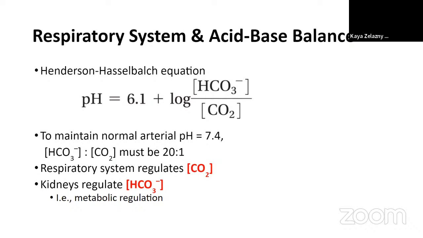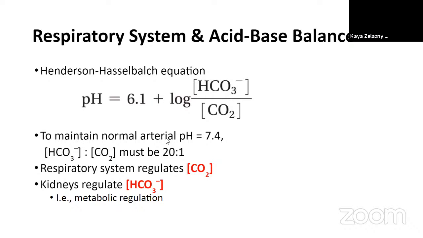The respiratory system is involved with gas exchange. If we want our normal arterial pH, which is somewhere around 7.4, the ratio we want to keep is 20 bicarbonate ions for every 1 carbon dioxide molecule. Any changes outside of this are going to change our pH because we're going to change that balance.